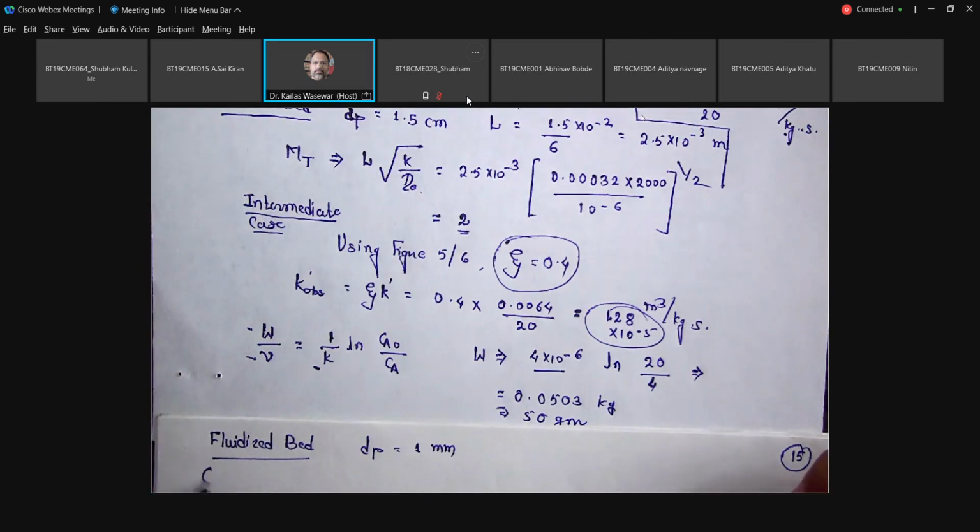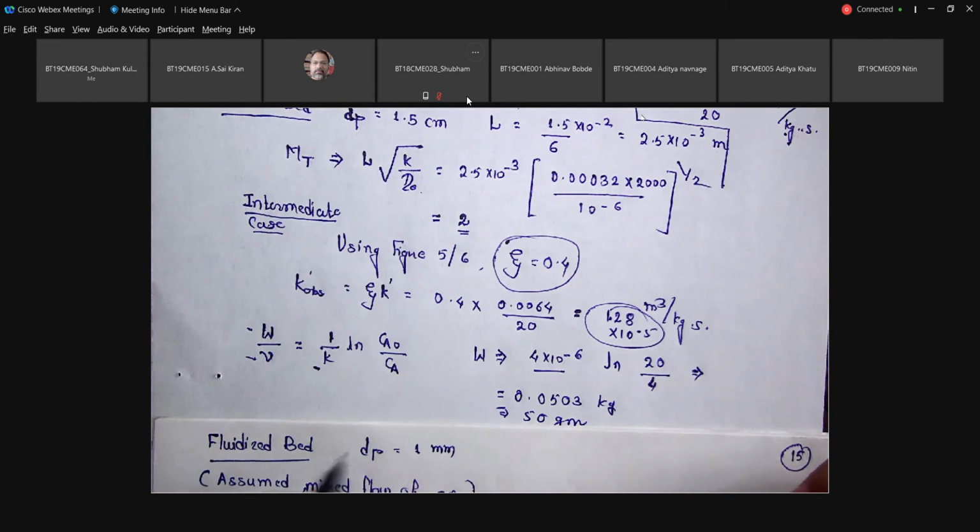So fluidized bed, and assume mixed flow. In this case also you can calculate.